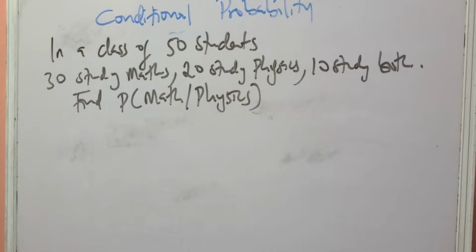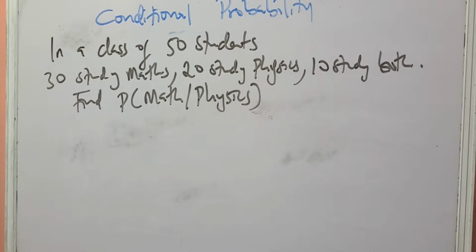Guys, give me the answer to this. In a class of 50 students, 30 study maths, 20 study physics, 10 study both. Find the probability of maths given physics.